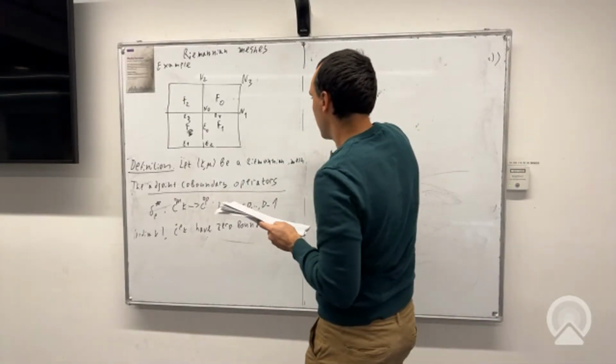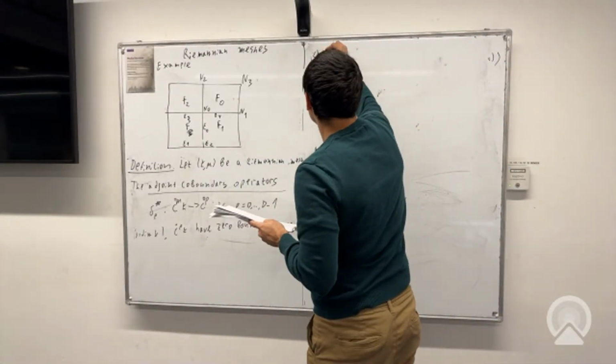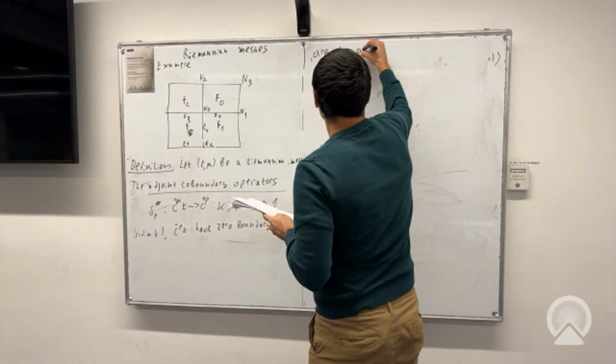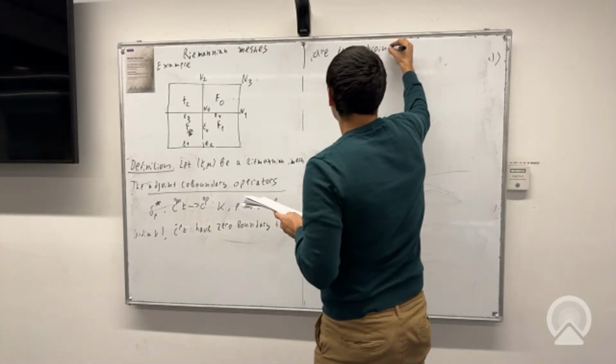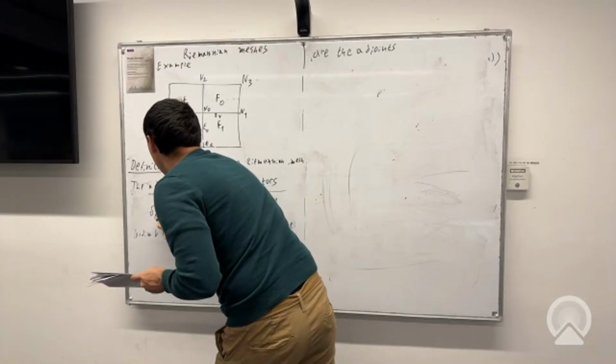And then these are the adjoints. This is P plus 1, sorry.